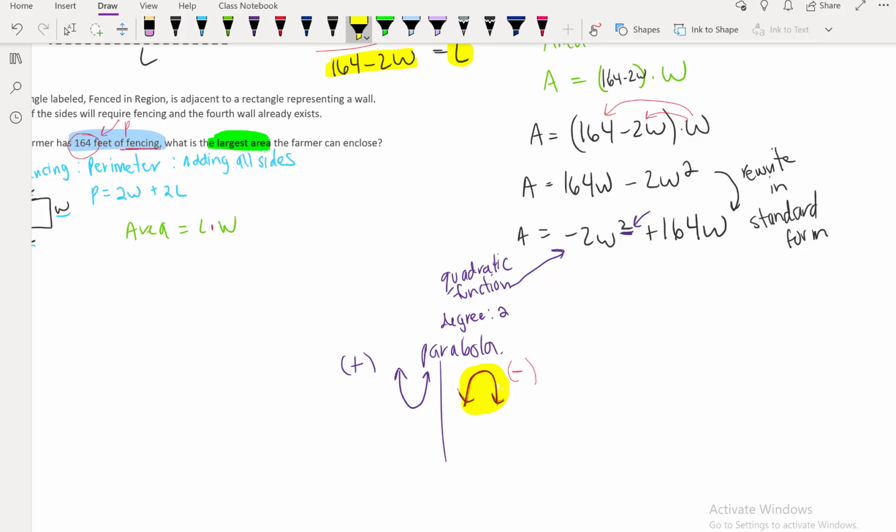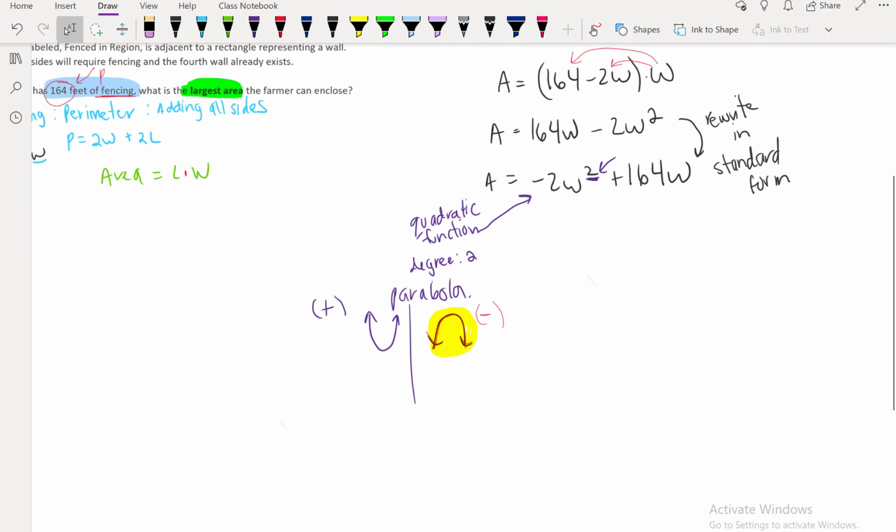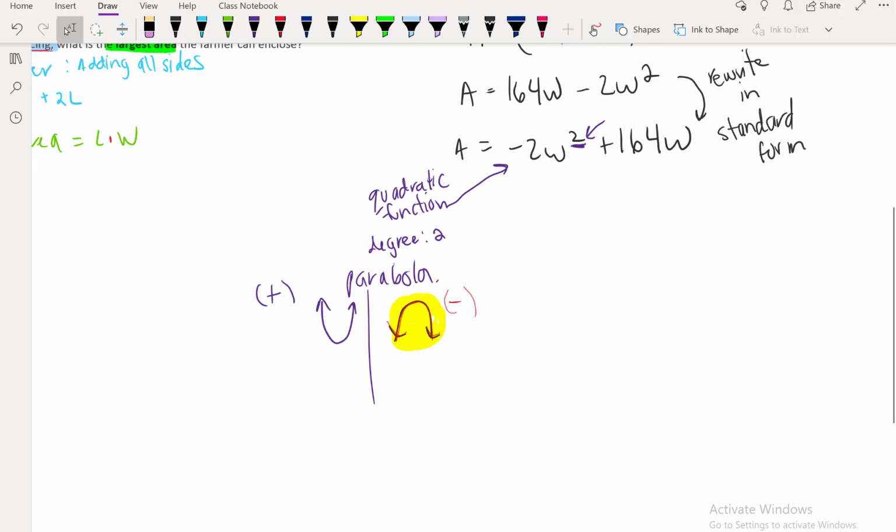Since it says the largest area, well, that largest area is going to be the maximum. So largest area, you can think of that as being the maximum. So if you think about that as a maximum, here, the vertex would represent the maximum.